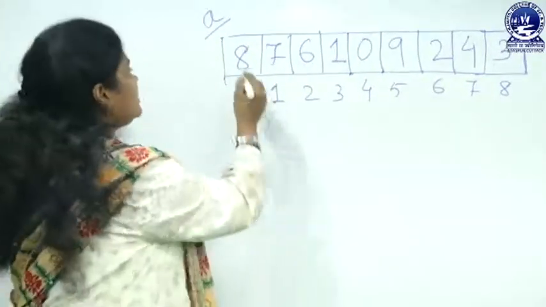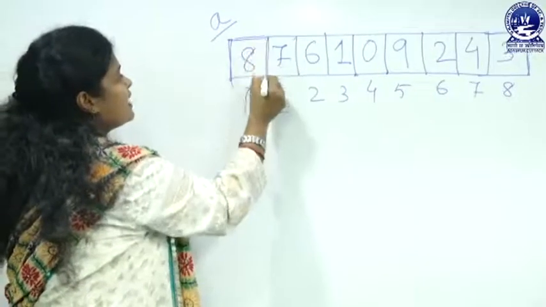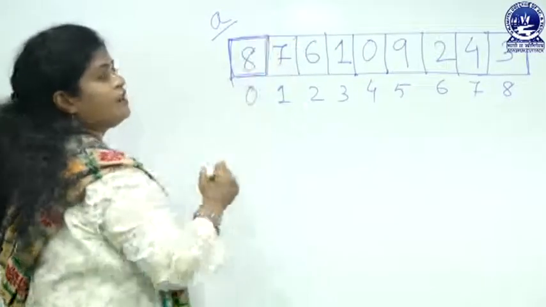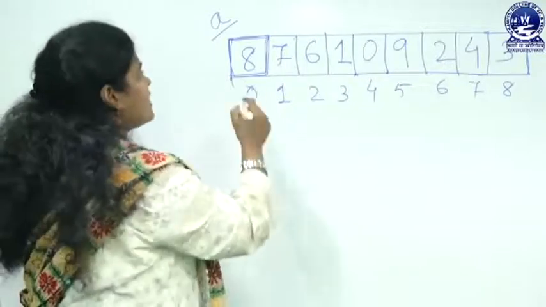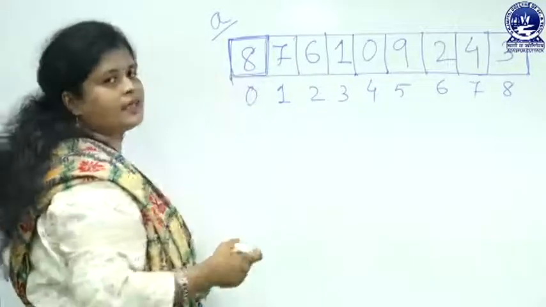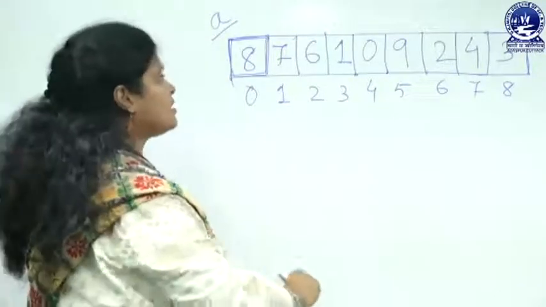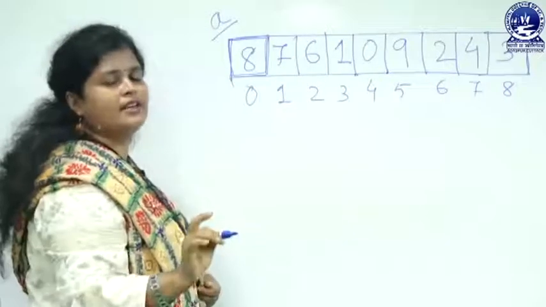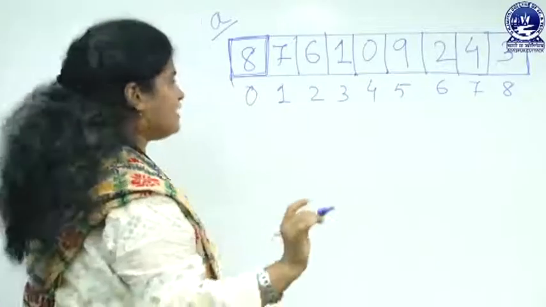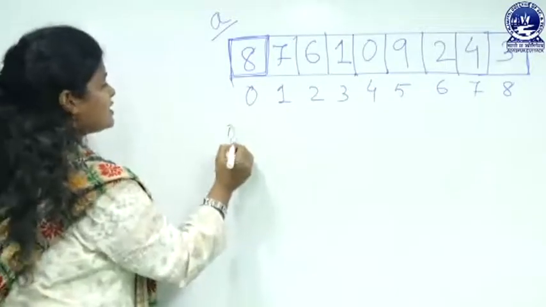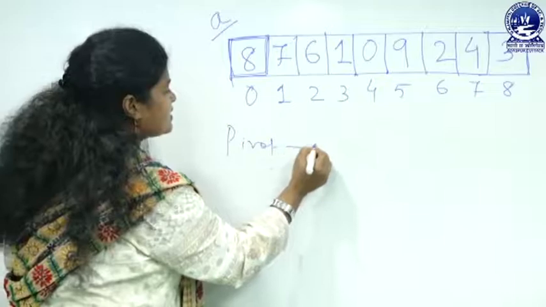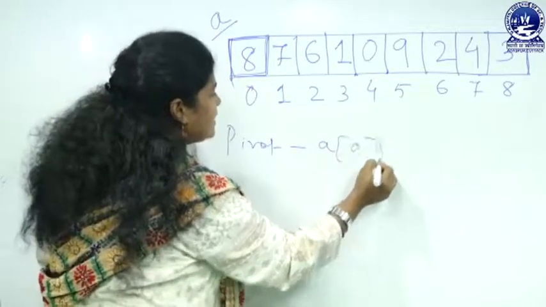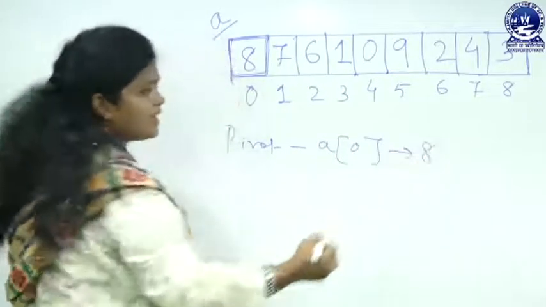Here I am choosing 8, the first location, as pivot. Designers prefer to use the first location, but you may choose the last location, or you may choose any location randomly, there is no issue at all. Suppose the first element is pivot, that is A of 0, and here the value is 8.